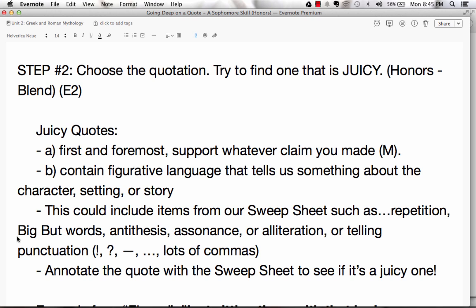Question marks, dashes, ellipses, and lots of commas. So all of those fall under figurative language, or an author doing something with words or doing something with punctuation. Those are juicy quotes. Those are the kind of quotes we really want.